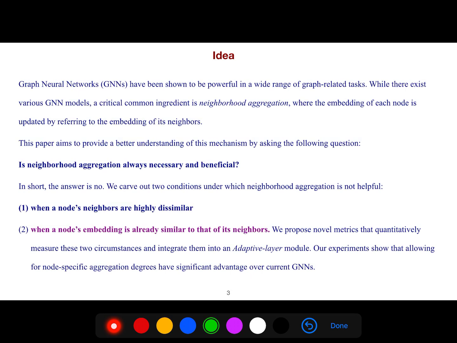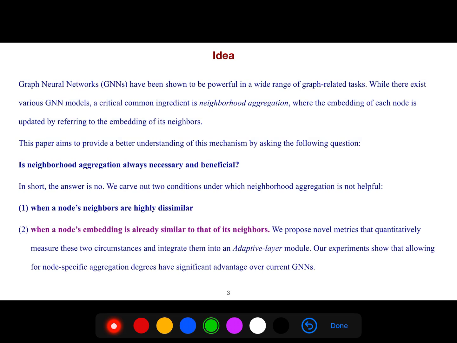We carve out two conditions under which neighborhood aggregation is not helpful. First, when a node's neighbors are highly dissimilar. Second, when a node's embedding is already similar to that of its neighbors.